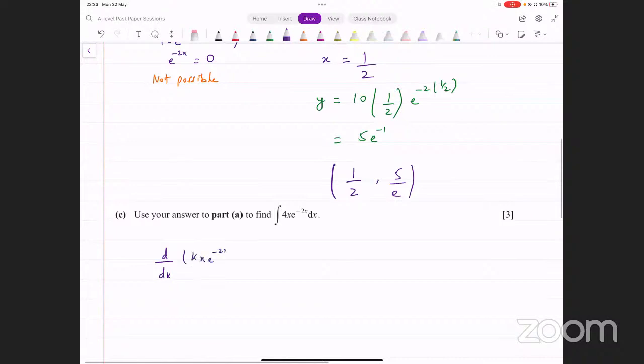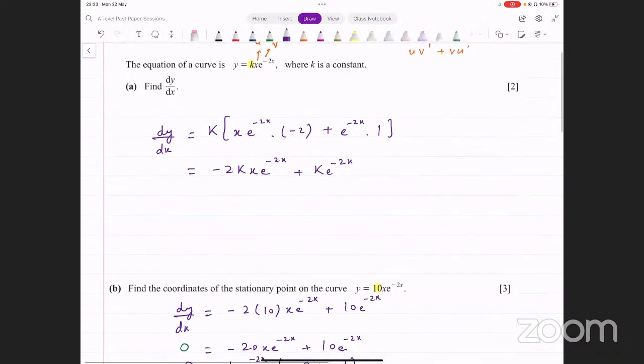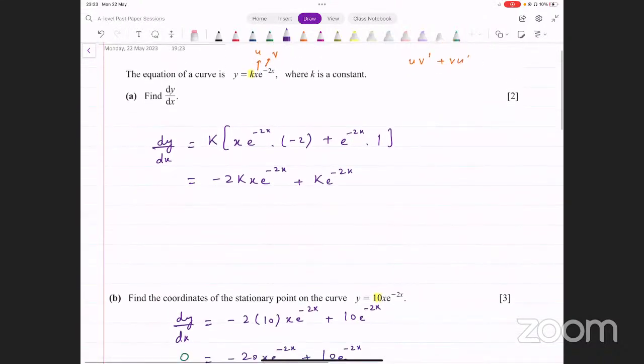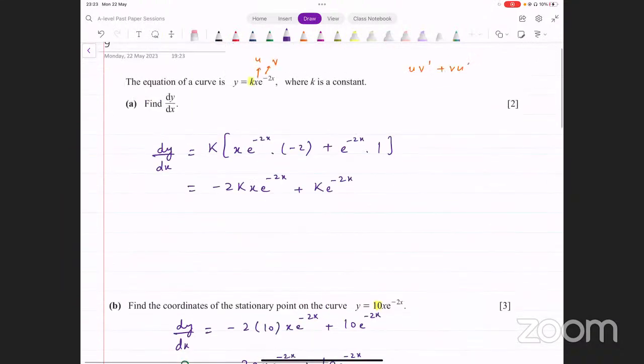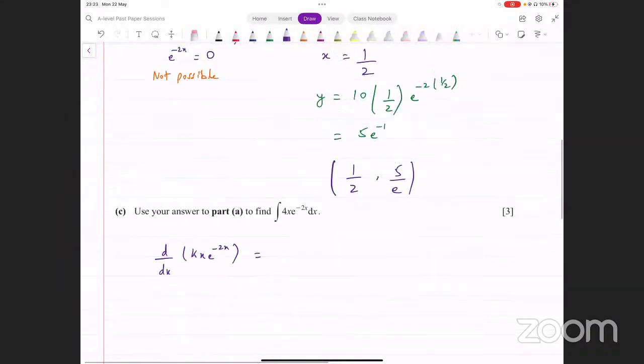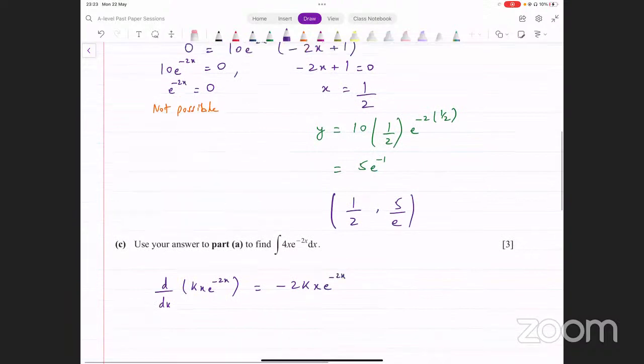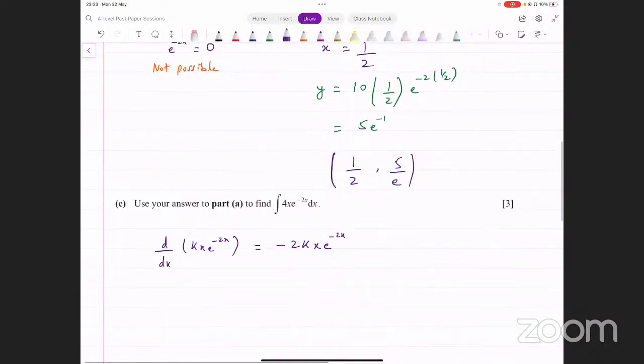This was a function we had. What did we do with it? We differentiated it. And by differentiating it, what did we get? We got -2k into x e raised to power minus 2x plus k e raised to power minus 2x. This is what we had in the first part.